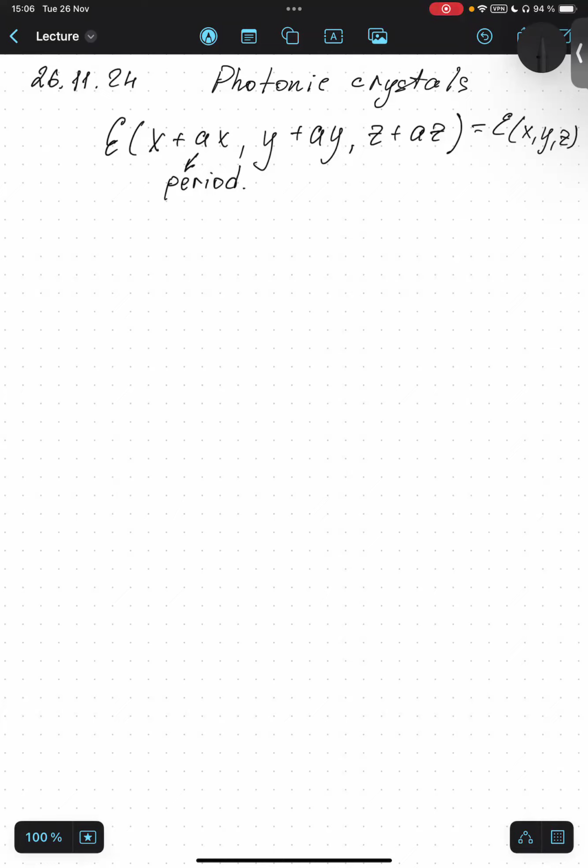To study it, we first will consider the simplest case of a 1D photonic crystal. In such a case, we can rewrite the permittivity as epsilon of z equal to epsilon of z plus d.